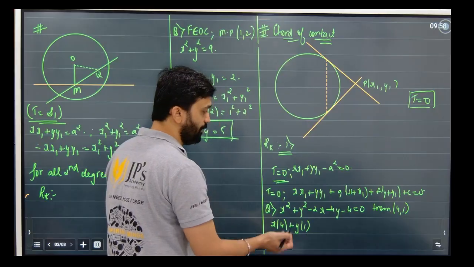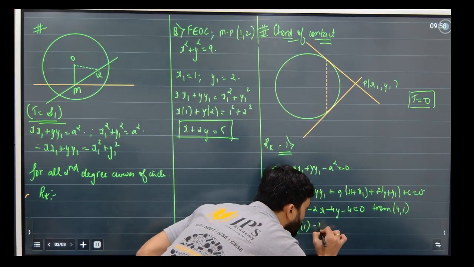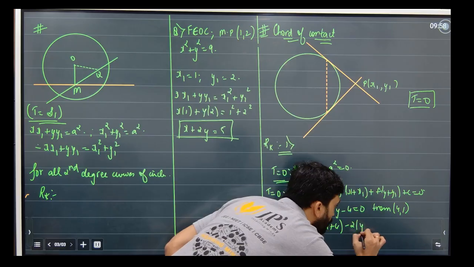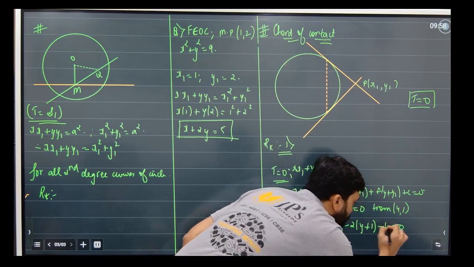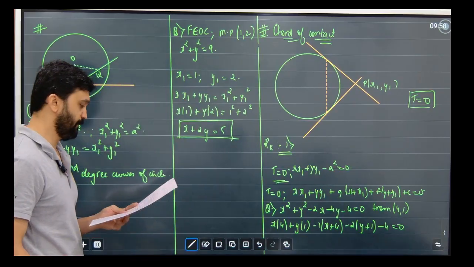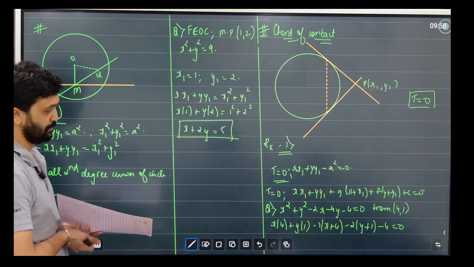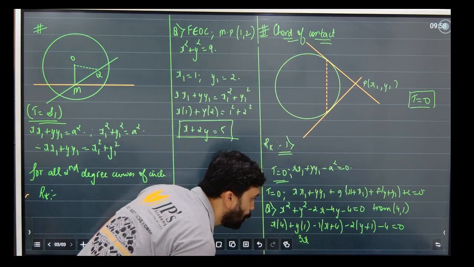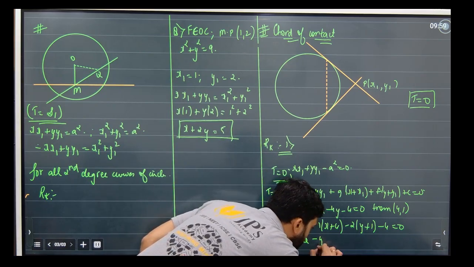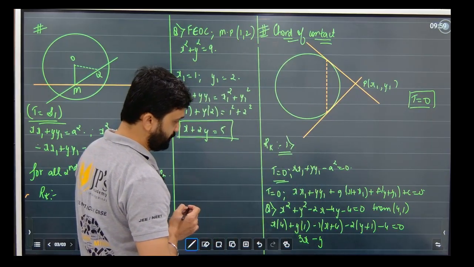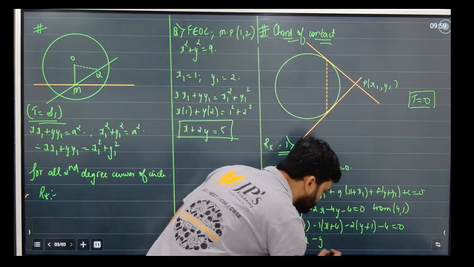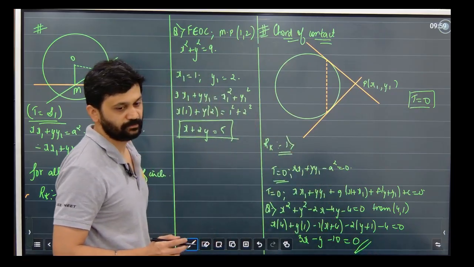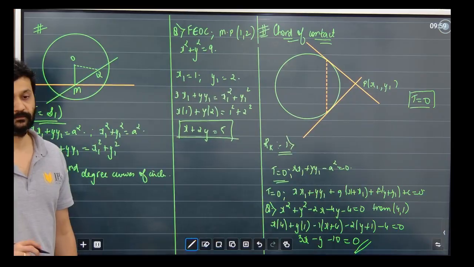So 2g is minus 2, therefore g is minus 1. So minus 1 into (x plus 4) and minus 2 into (y plus 1) minus 4 is equal to 0. Opening the brackets, 4x minus x becomes 3x, y minus 2y becomes minus y, and the constants become minus 10 is equal to 0. This is your equation.